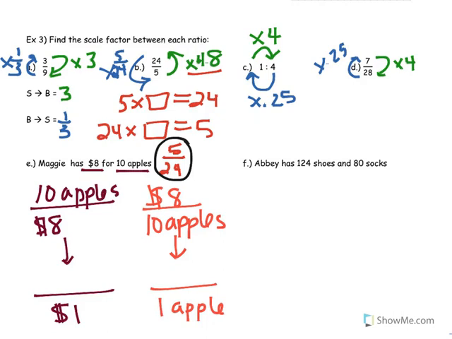All right, so let's get started. If I buy 10 apples for $8, the cost for each apple doesn't change, all right? So what I'm actually going to do is find the scale factor and do the division 10 divided by 8. When you do 10 divided by 8, that gets you 1.25.